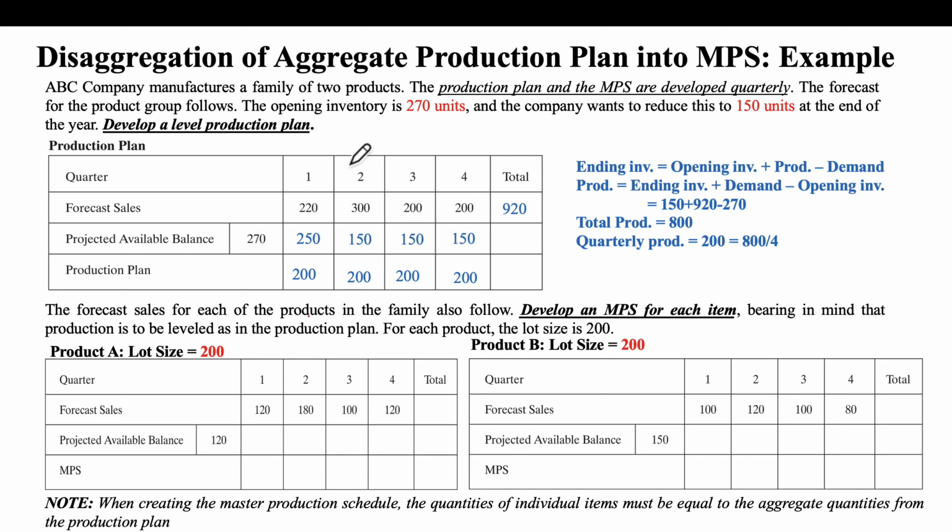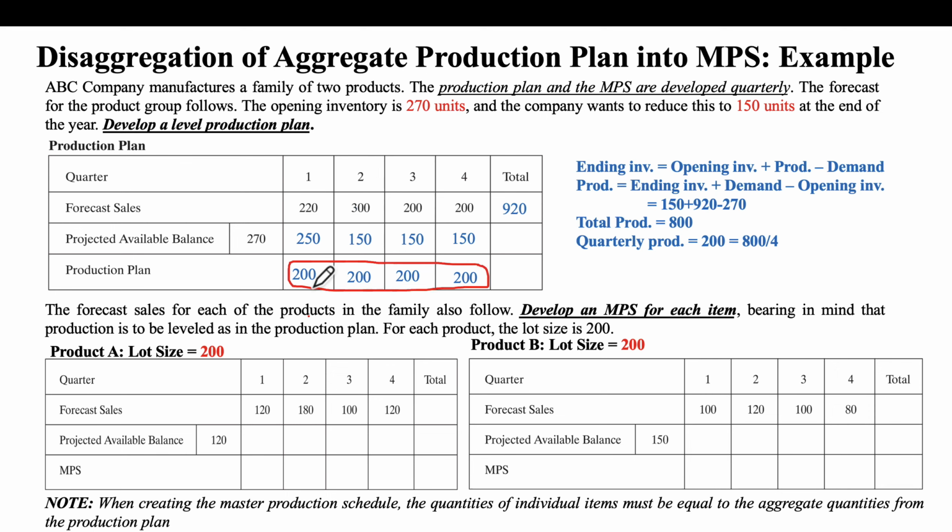Once production plan has been made, then the next task is to make master production schedule for product A and product B. And there are two conditions that must be met. First of all, production for period 1, period 2, period 3 and 4 is 200.